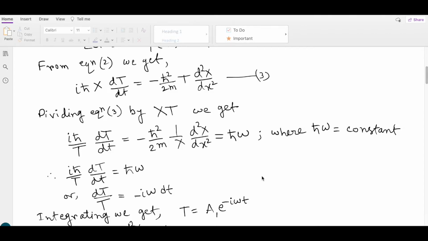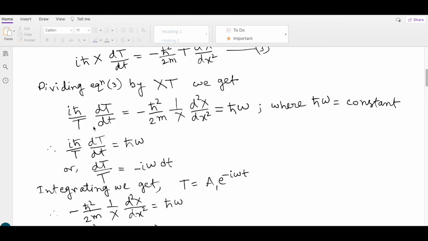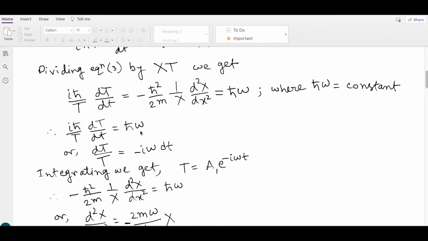As these two sides involve two different variables, the first one only depends on t, or time, and the second one only depends on x, or position. So to satisfy this equation, they must each be equal to a constant, and I am considering the constant ħω here. From the first part, iħ (1/T) dT/dt = ħω.